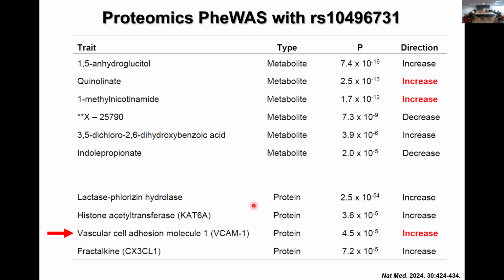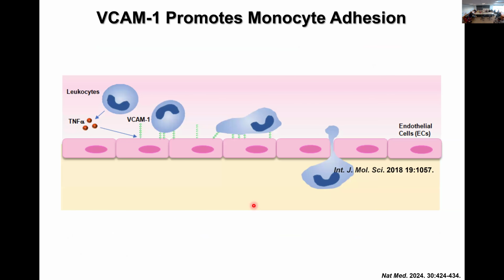Why is that interesting? As many of you know, in the atherogenic process and the inflammation in the artery wall, you get increased expression of VCAM on the luminal surface of endothelial cells. This promotes monocyte adhesion and infiltration into the subendothelial space, so VCAM plays a central role in atherogenesis. So now we're layering in another piece of data between genetics and clinical outcome: the SNP increases the metabolite, increases VCAM levels, and could that be associated with cardiovascular disease?